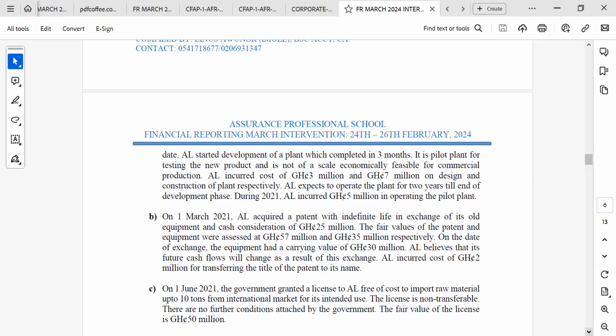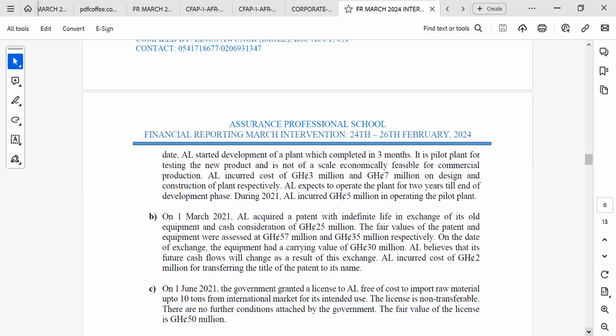And the carrying value of the equipment that we are exchanging, plus the cash? The cash that we are paying is 25 million, but the equipment that we are giving in exchange has a carrying value of 30 million. The question is, at what value are we going to recognize the patent? If you are putting the patent in your books, what value are you going to attach to it?